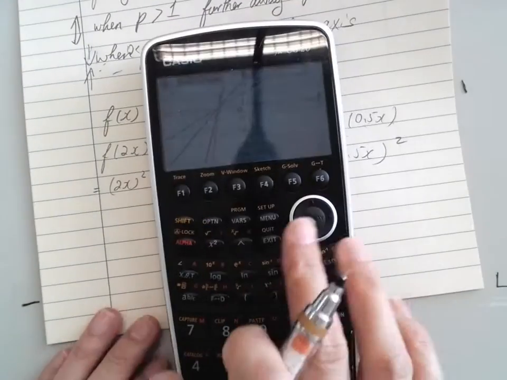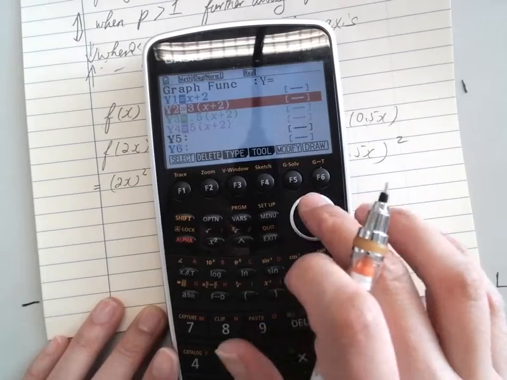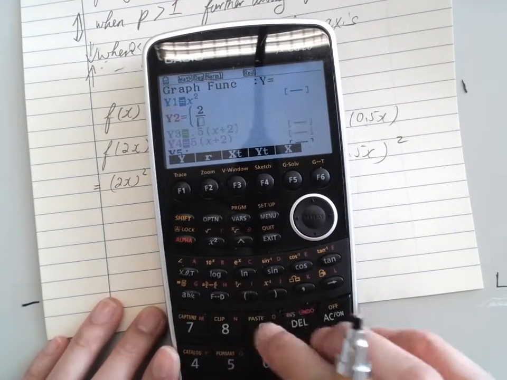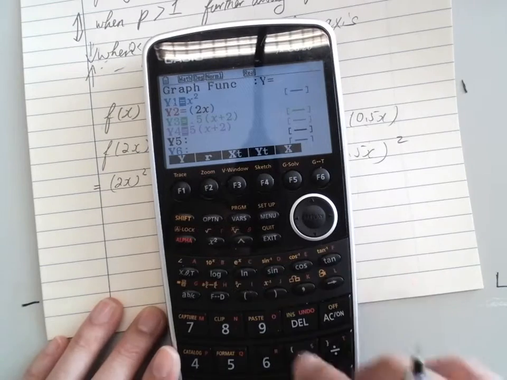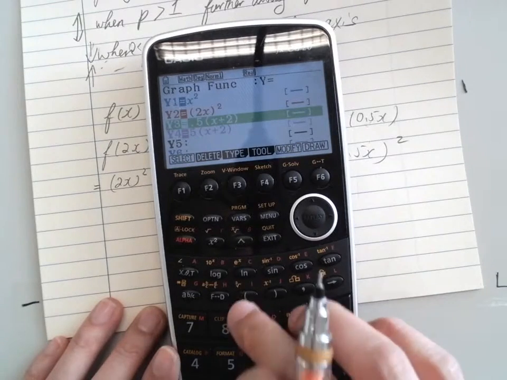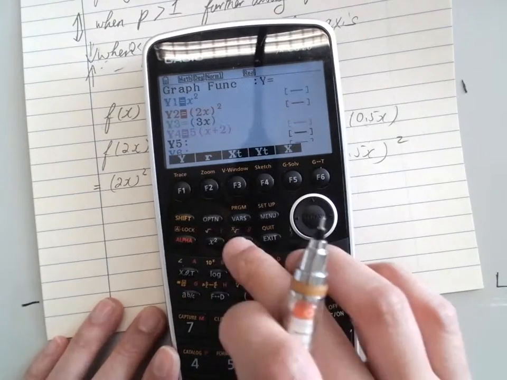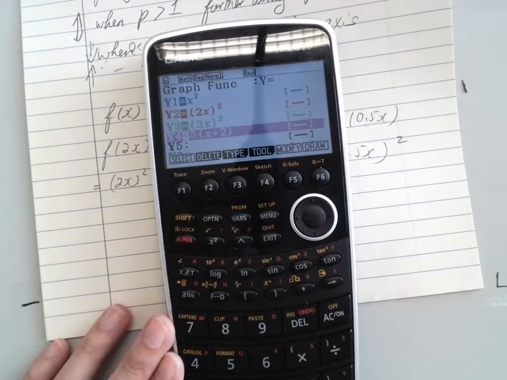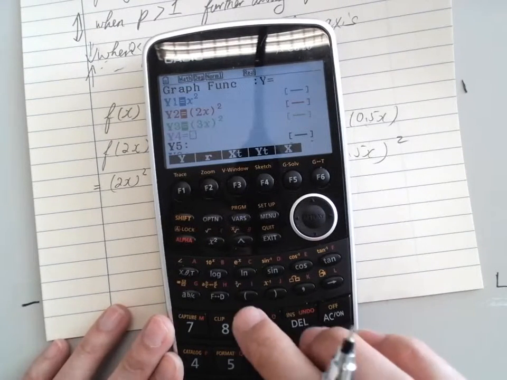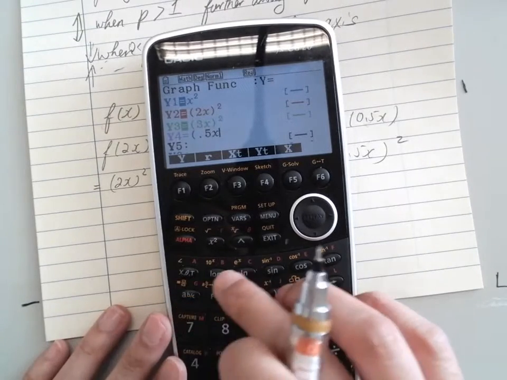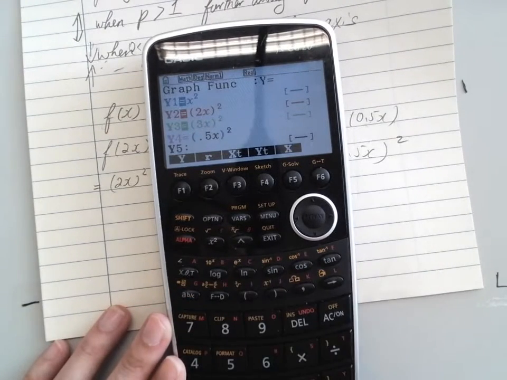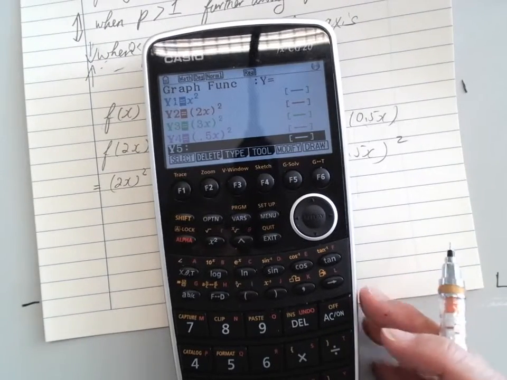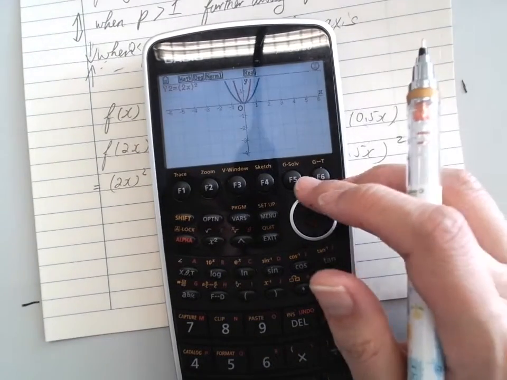So now we have the calculator again. x squared, (2x) squared, (3x) squared, and which one? 0.5, oh sorry, quick bracket, (0.5x) squared. And remember, the original one is blue, and the red one is multiplied by 2.